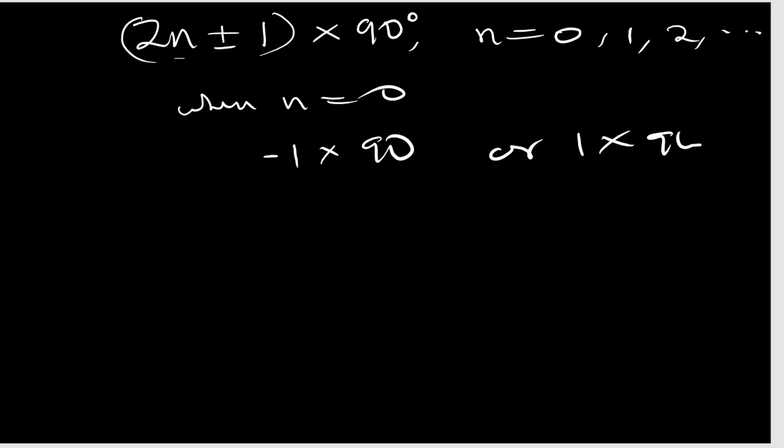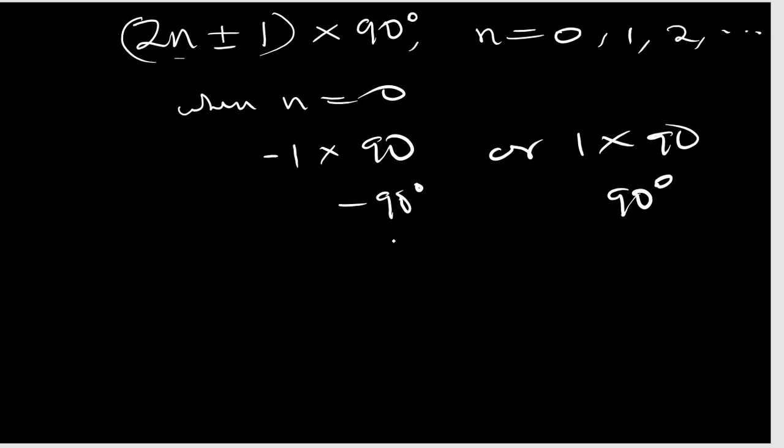This will yield negative 90 degrees, and this also yields positive 90 degrees. The cos of negative 90 degrees is 0, so tan negative 90 is undefined, and the cos of positive 90 degrees is also 0, so tan is also undefined at that point.